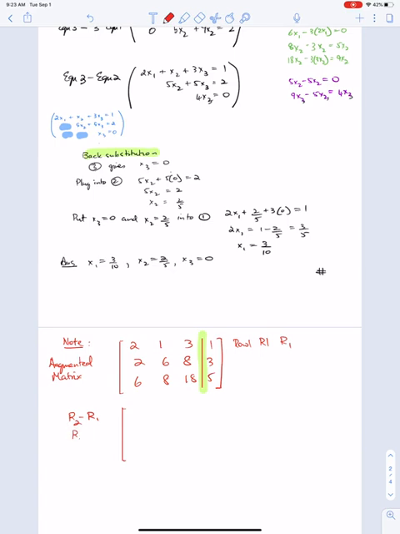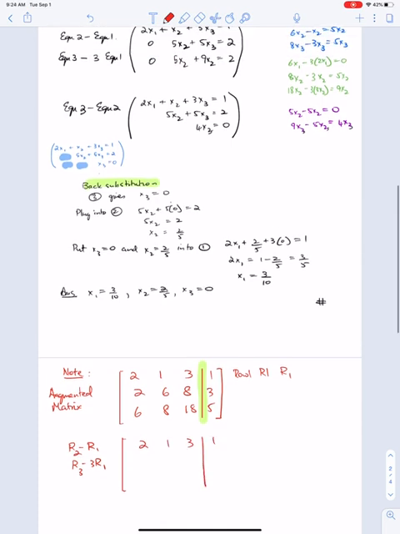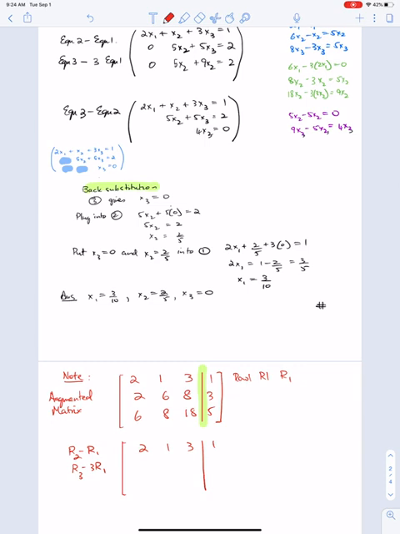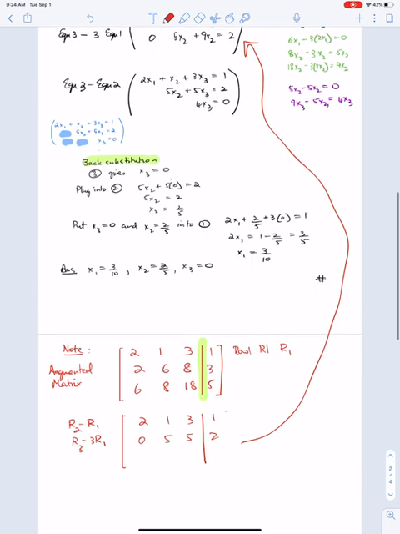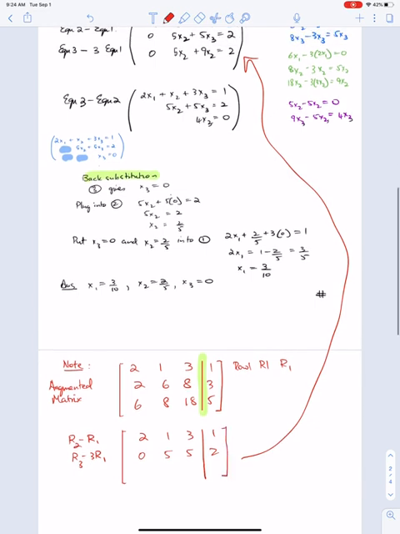So the first manipulation is this: R2 minus R1, R3 minus 3R1, and we get 2, 1, 3, 1. I'm just copying down from here. 0, 5, 5, 2. You see where I'm copying down from, right? And the last one is 0, 5, 9, 2.